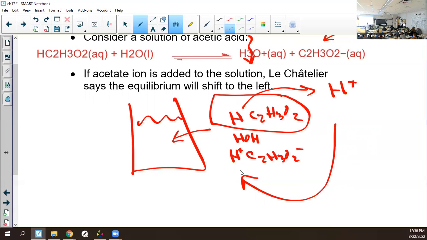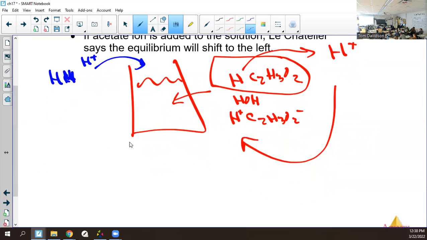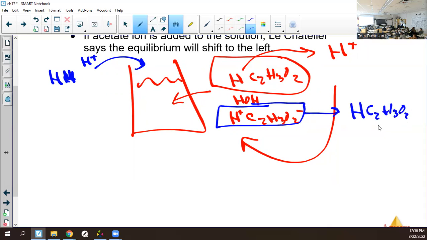So think about this. If I come along and I add HCl, we know Cl is the conjugate base of a strong acid, so we don't care about that one, right? So if I add HCl, I'm really just dumping in H plus. Well, H plus is going to react with any acetate ion to form HC2H3O2.